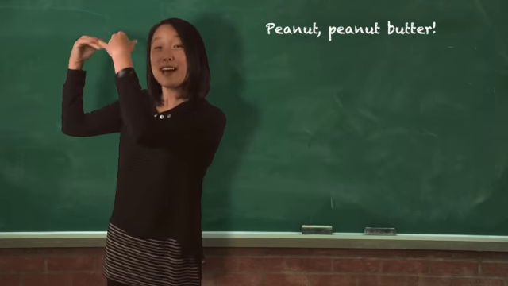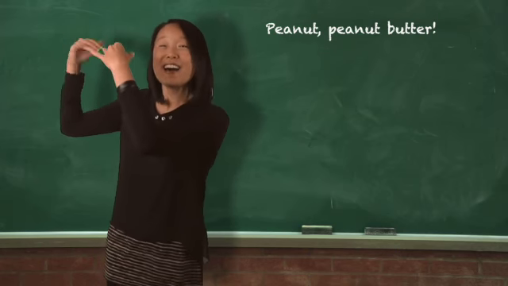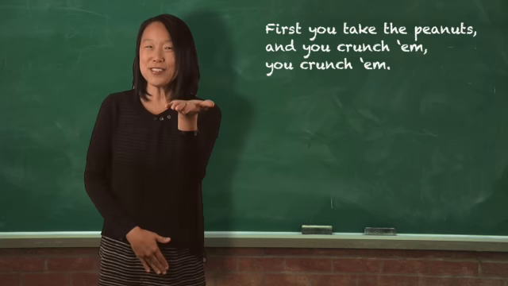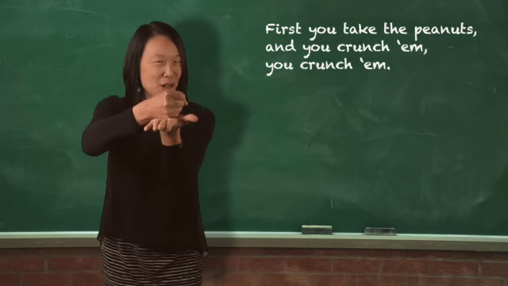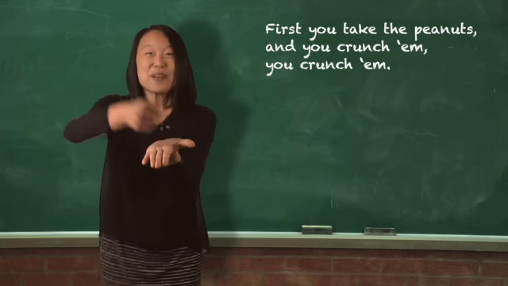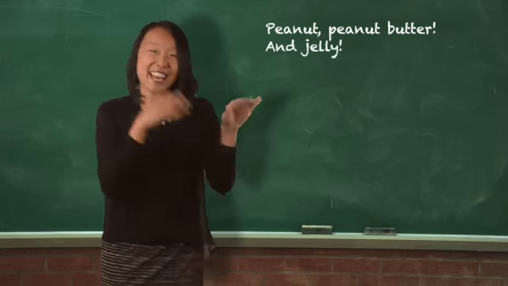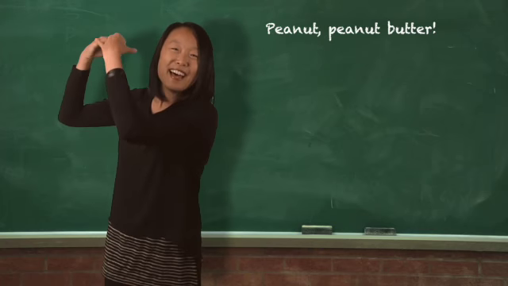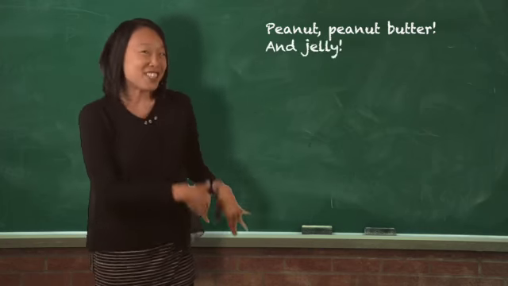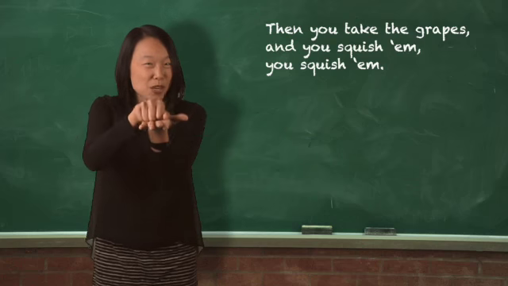Peanut, peanut butter, and jelly. First you take the peanuts and you crunch 'em, you crunch 'em. Peanut, peanut butter, and jelly. Then you take the grapes and you squish 'em, you squish 'em.